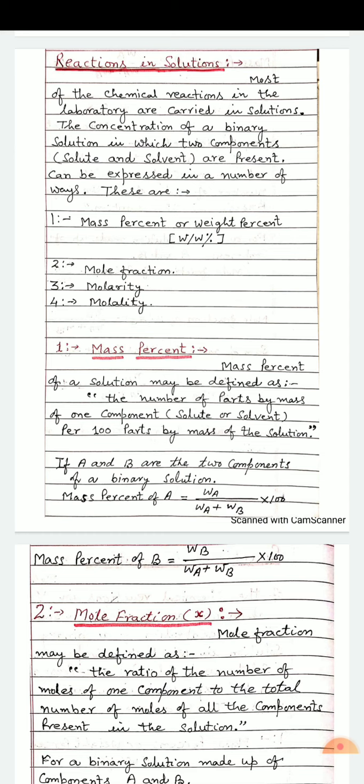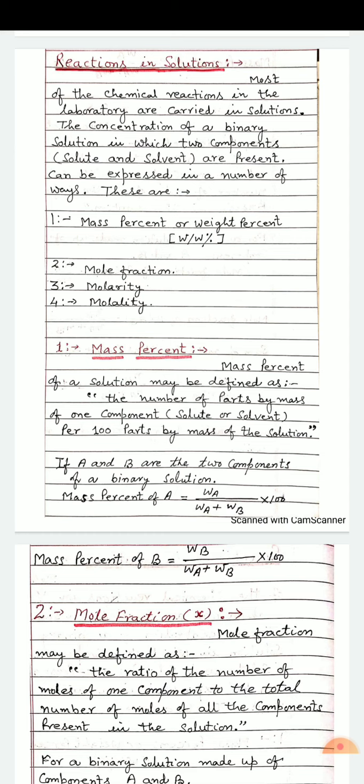First, mass percent. Mass percent of a solution may be defined as the number of parts by mass of one component (solute or solvent) per 100 parts by mass of the solution.